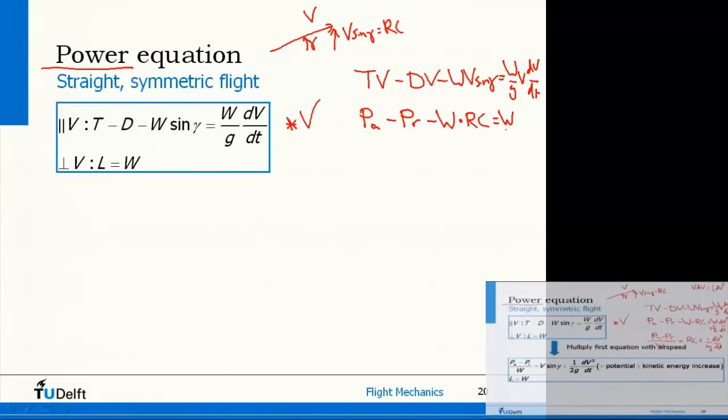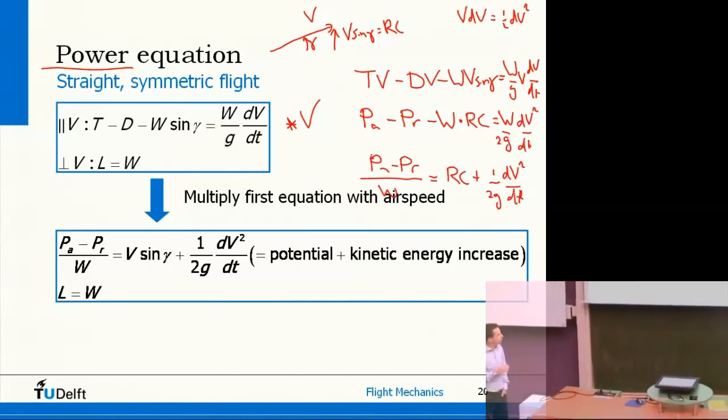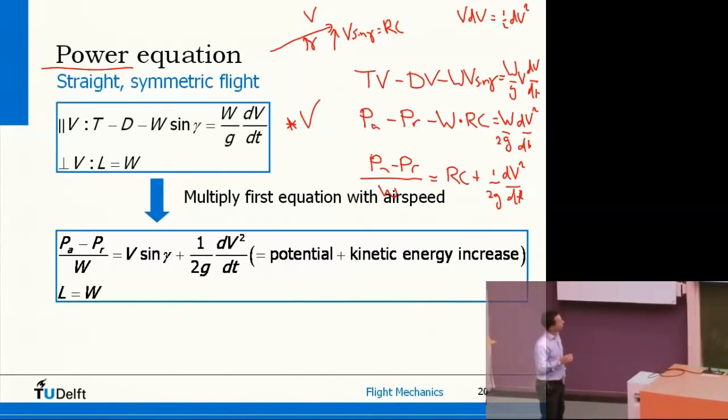So this is what I just said. And what I'm trying to show you here by doing so is that if you look at the equation, on the left hand side you see power available minus power required. This means it's the energy you have in excess. So excess power is equal to a rate of climb plus an acceleration term.